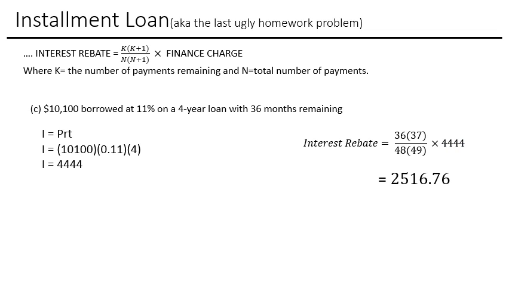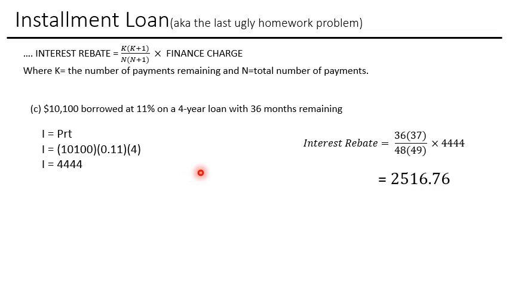Plug all of that in, and you get 2516.76. So this would be your interest rebate. If you had borrowed 10,100 at 11% on a 4-year loan, and you were canceling it with 36 months remaining, this would be your interest rebate.